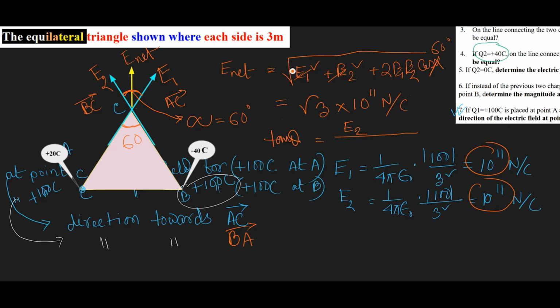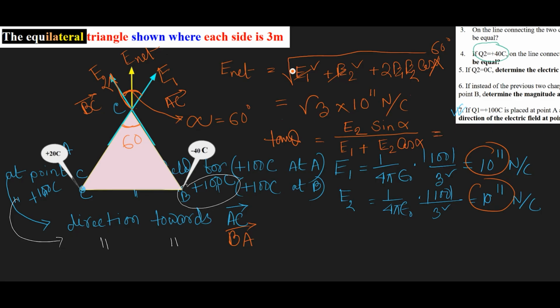So this is actually E2, and here E1 sine alpha, over E1 plus E2 cos alpha.